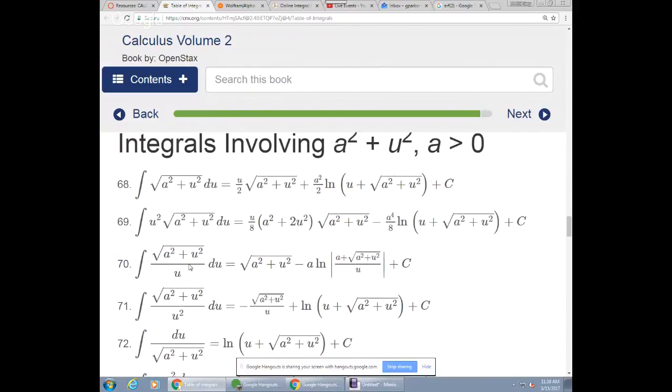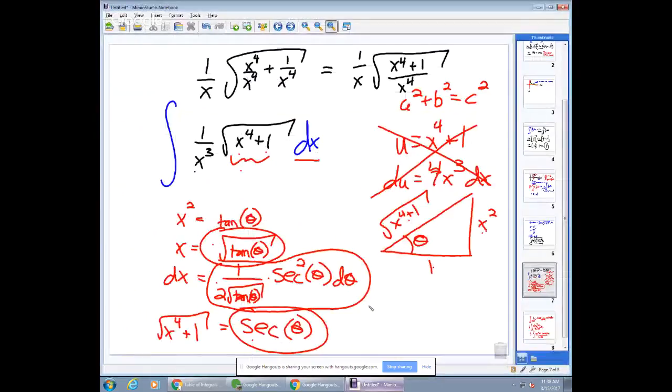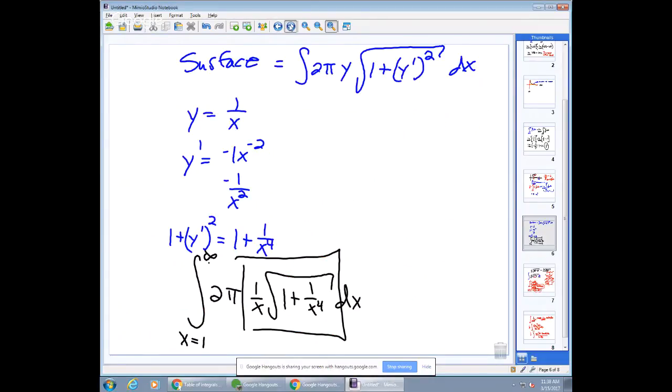Oh, no, we don't quite have that because we have the 4th power. Yeah, but that doesn't match what's down here though, because on ours, where'd it go? Yeah, the u would need to be an x squared. It doesn't quite match.